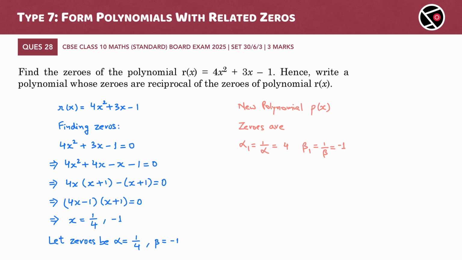Now with these zeros, we can make a polynomial. x square minus sum of zeros, x plus the product of zeros. The sum of new zeros is 4 plus minus 1, which is 3. And the product is 4 times minus 1 or minus 4. Therefore, p of x equals x square minus 3x minus 4. And that's the required polynomial.